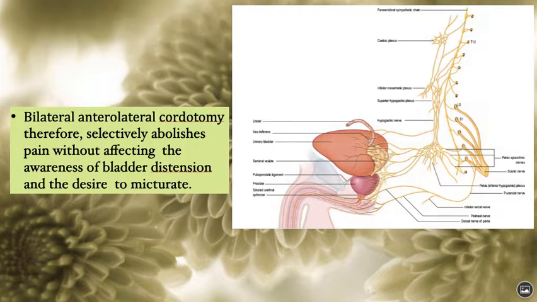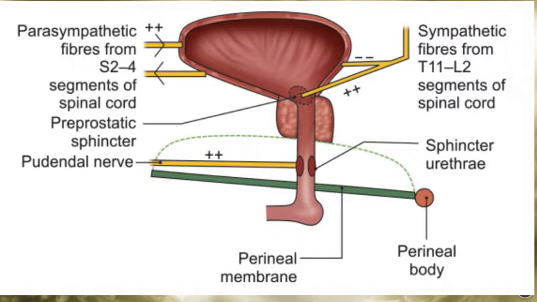Bilateral anterolateral cordotomy, therefore, will selectively abolish the pain without affecting the awareness of bladder distension and the desire to micturate. Right. So you can see over here, these are the parasympathetic fibers coming from S2 to S4, and the sympathetic fibers.